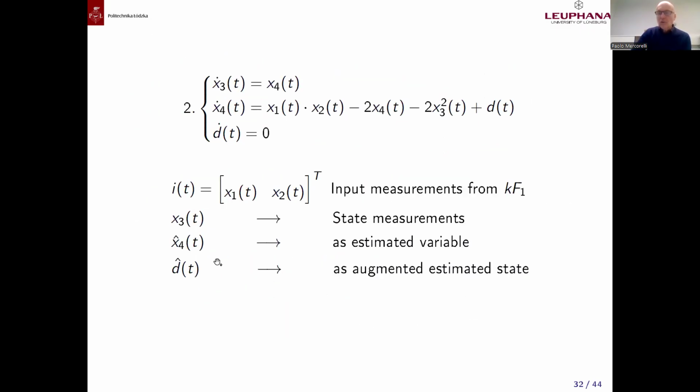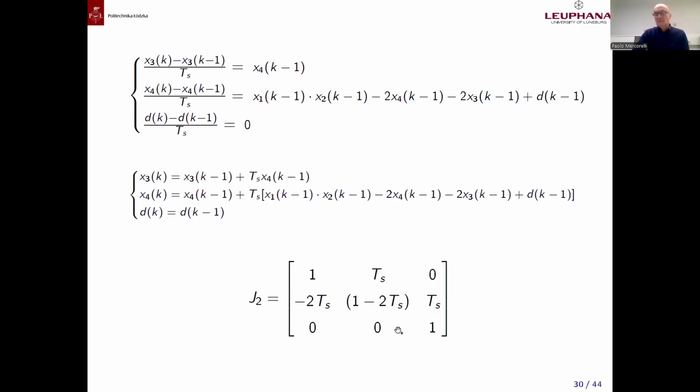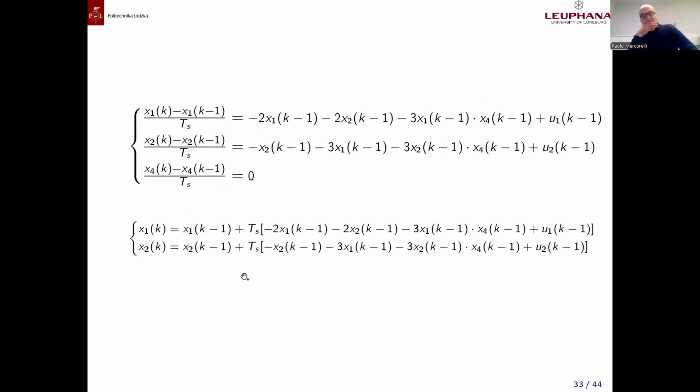And let me conclude, x4, once it is estimated, we have to pass back to the Kalman filter 1. The hat, as I told you, in any case, indicates the estimation.